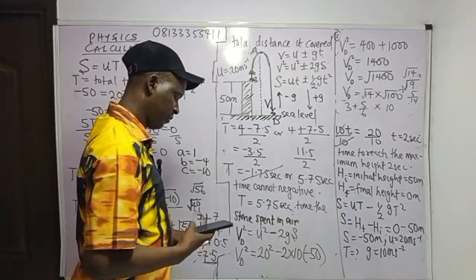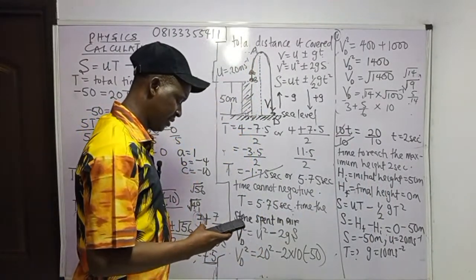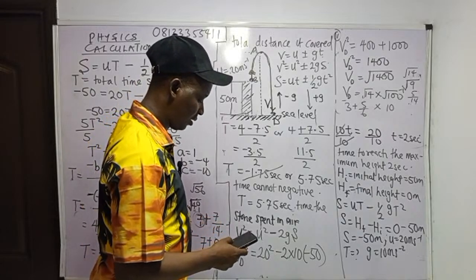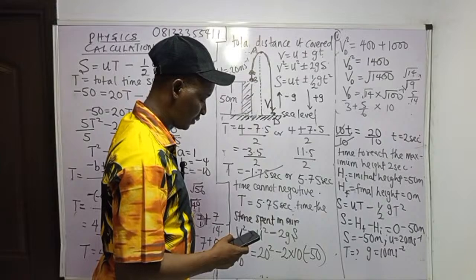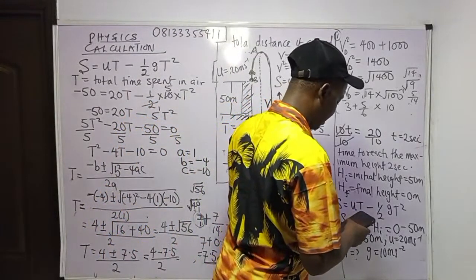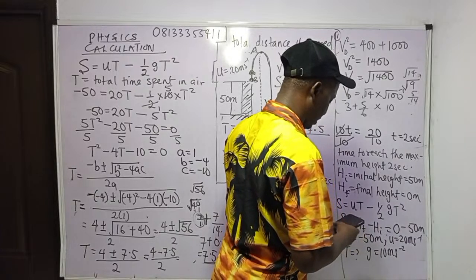Let me confirm it because I've been working since. Let's see what happened. 5 divided by 6 is 0.833. Yes, correct. Then let's check again.